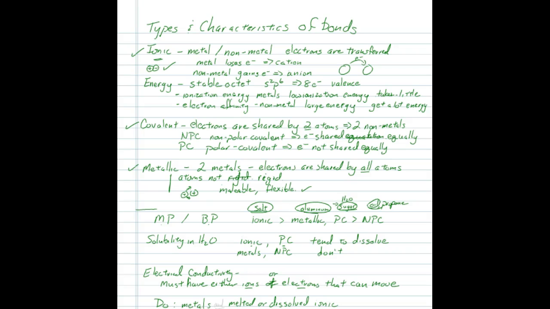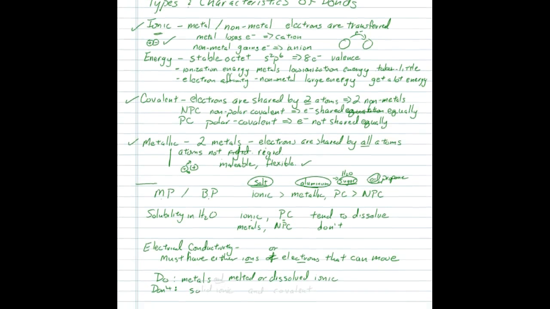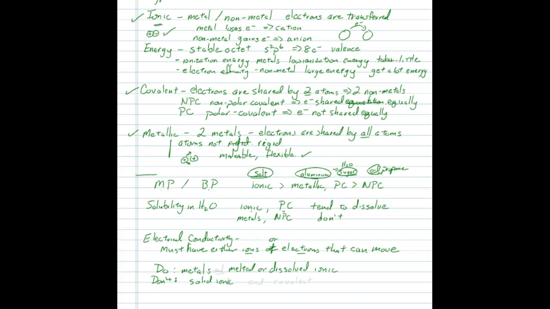Things that don't conduct electricity are solid ionic compounds. The only type of ionic compound that will not conduct electricity is solid, and any covalent, polar covalent or non-polar covalent.